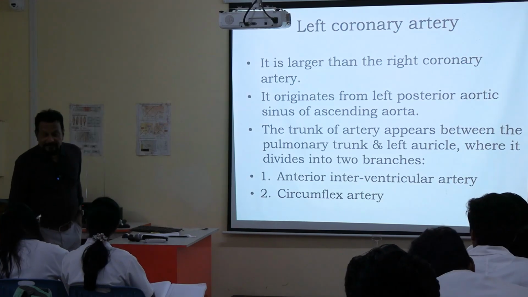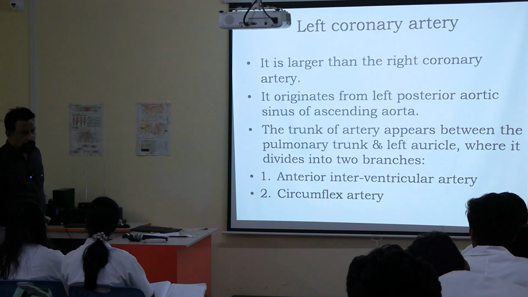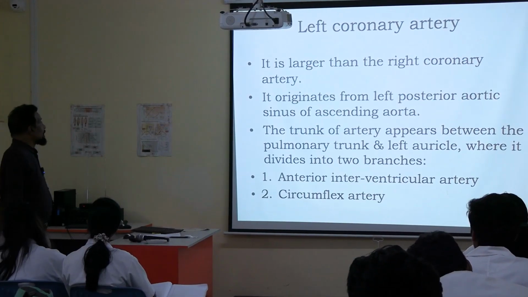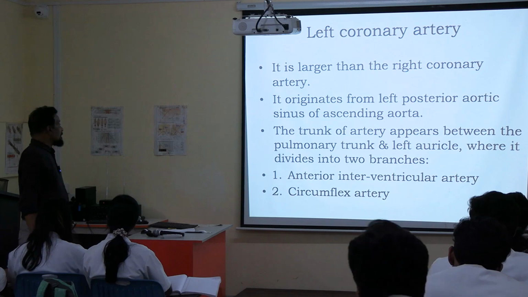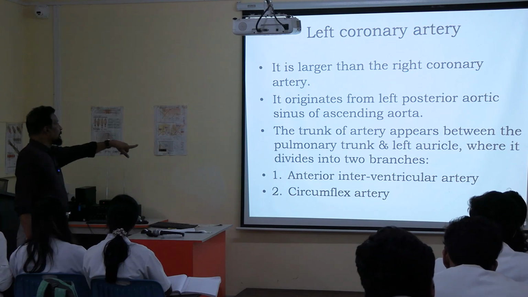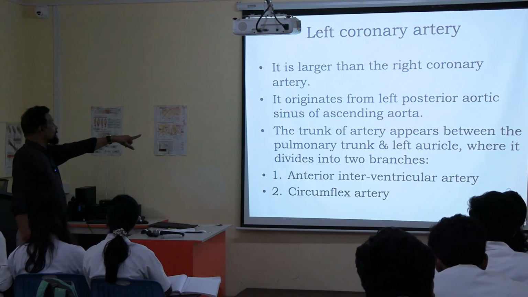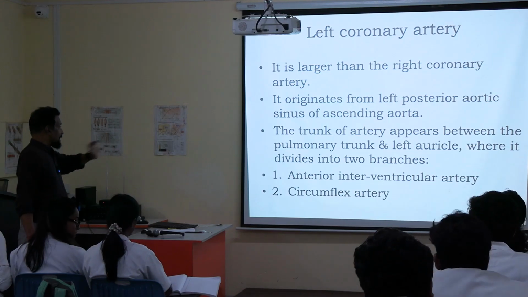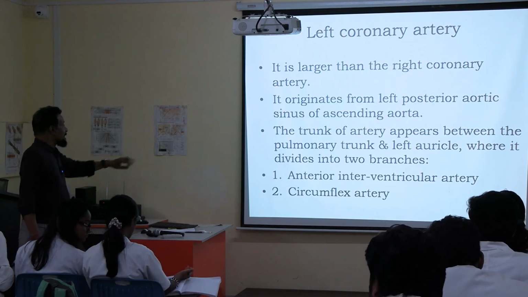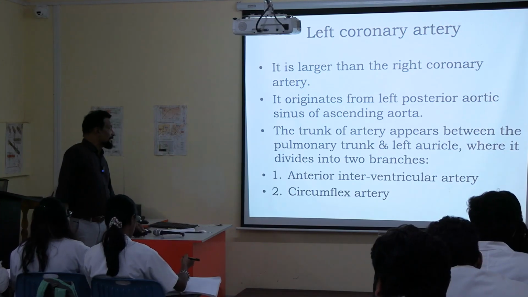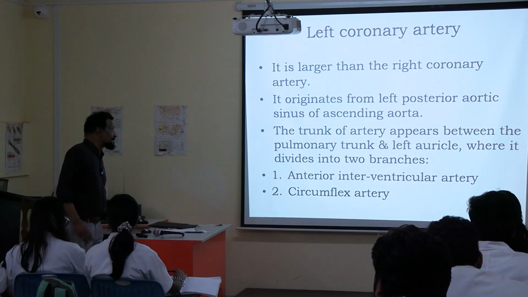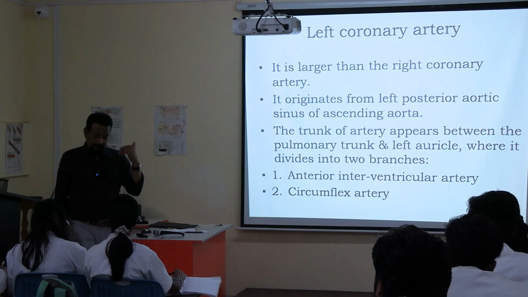Left coronary artery is larger than the right coronary artery. It originates from the left posterior aortic sinus of the ascending aorta, and runs in between the pulmonary trunk and the auricle. It has 2 important branches: the anterior interventricular artery and the circumflex artery.